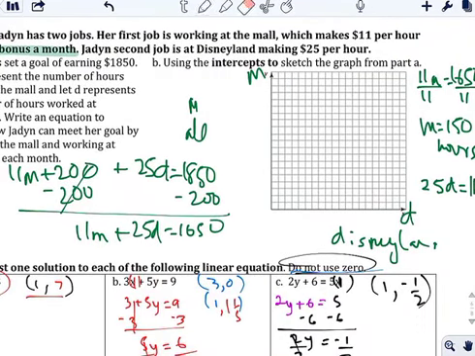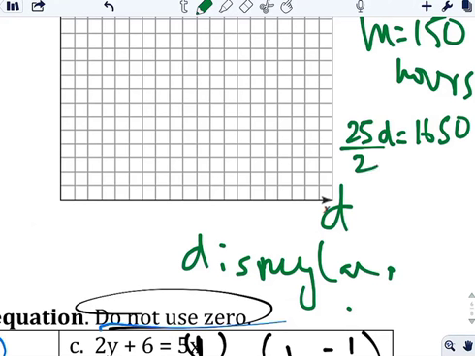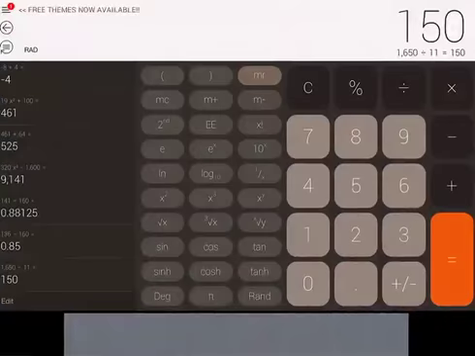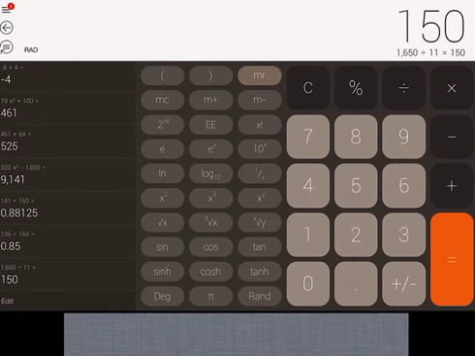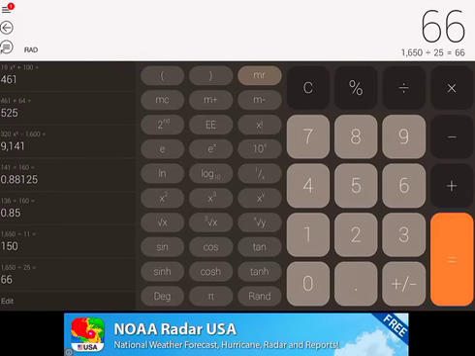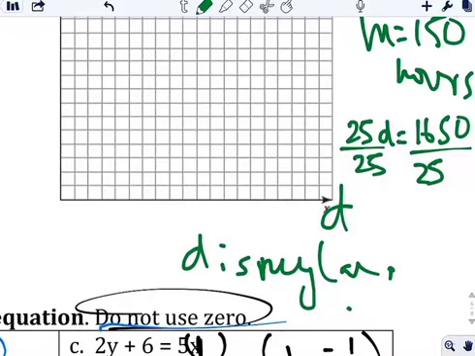So 25D equals 1650. Okay, 66 hours. D equals 66 hours at Disneyland.